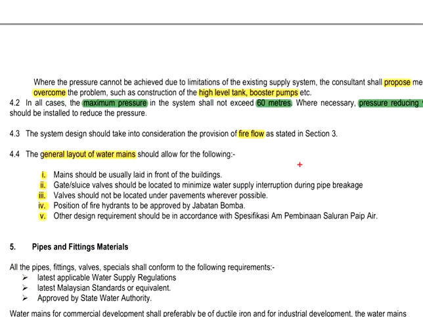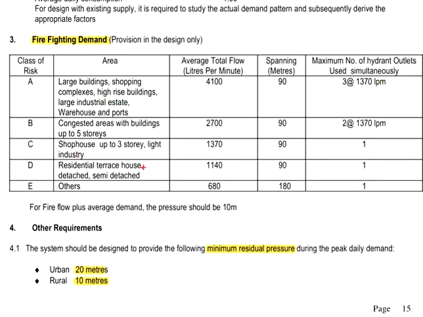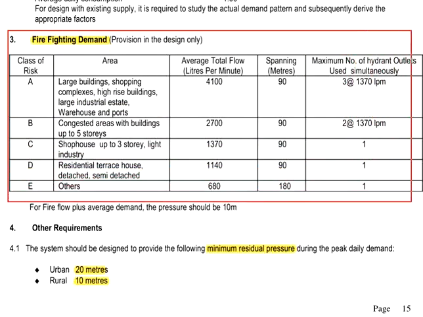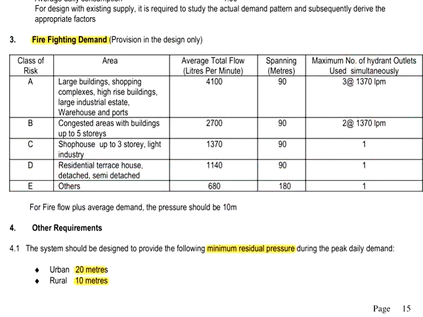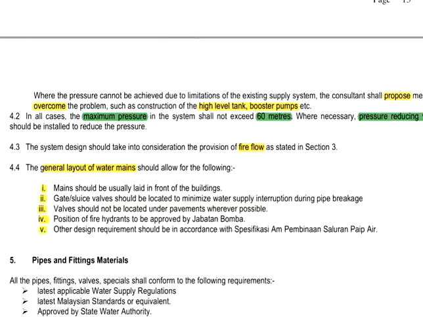Next, the system needs to take into considerations regarding the fire flow. The details of firefighting demands are given here. For fire flow plus the average demand, the pressure should be 10 meters. Next, we talk about the general layout of the water mains.